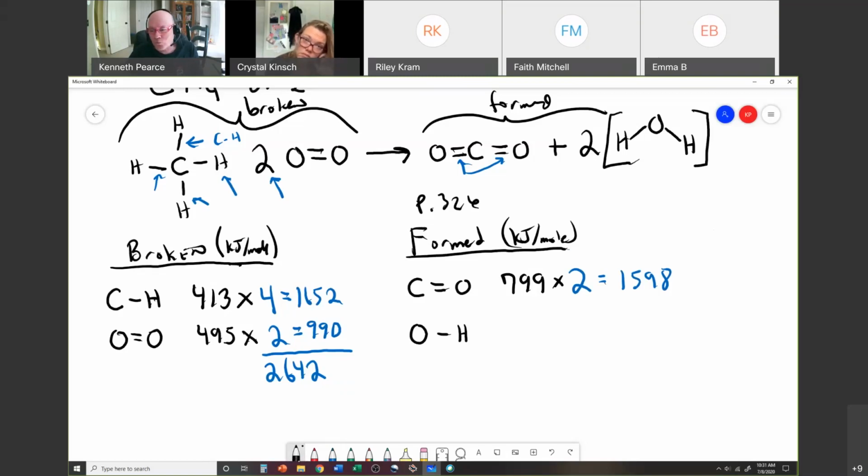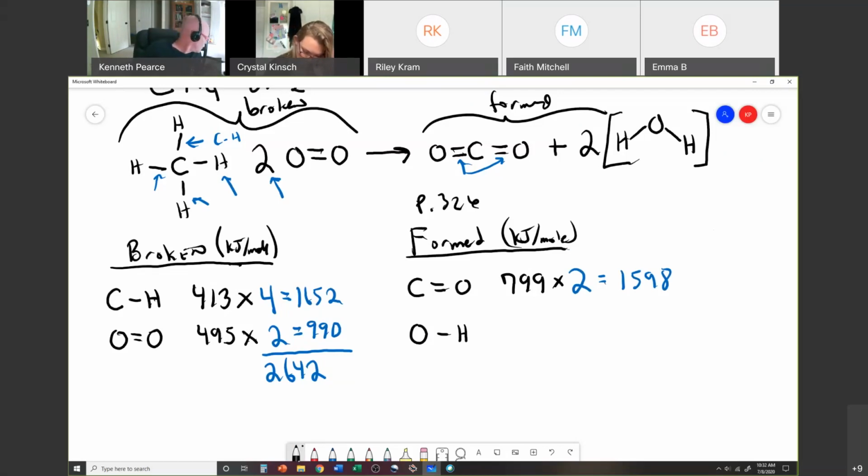If there's 2 OHs for each water molecule, very important. But how many water molecules do you have? You have 2. So that means there's 4 OHs up there.